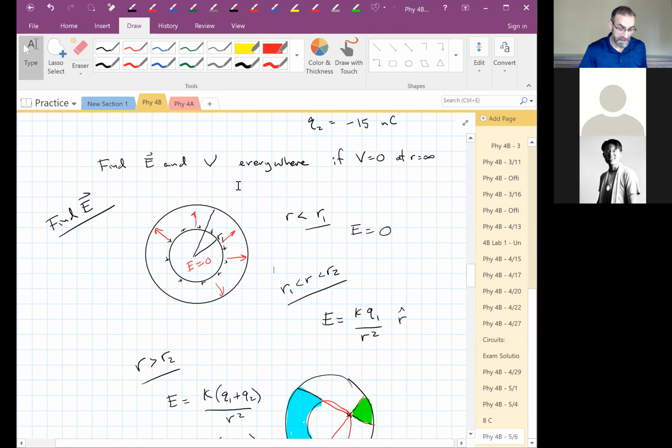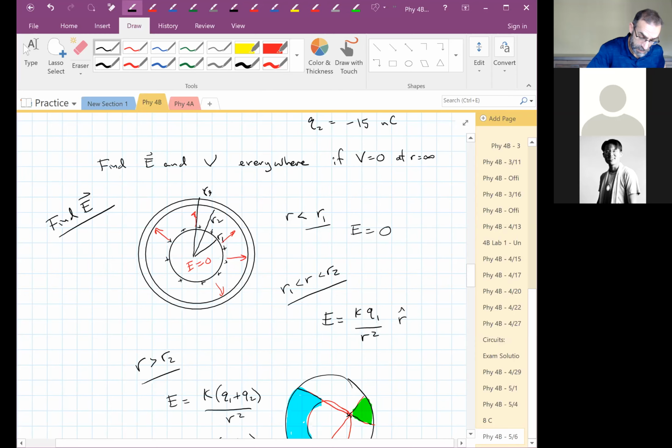And then now I need a second circle, just a tiny bit bigger than that one. How's that? Okay, so this is R1, R2, R3. Can you read that?